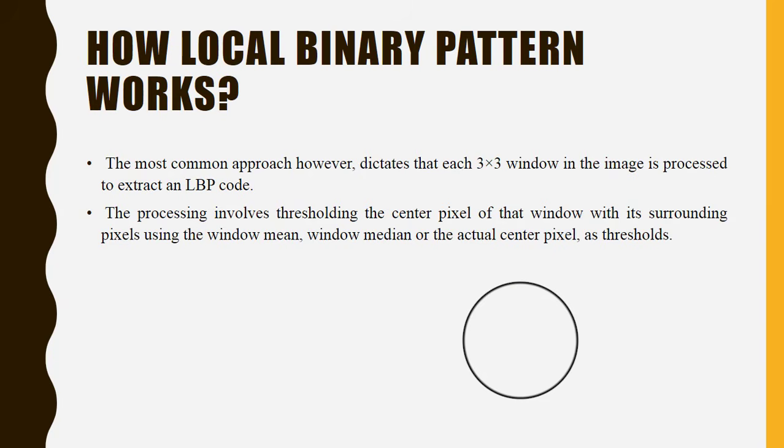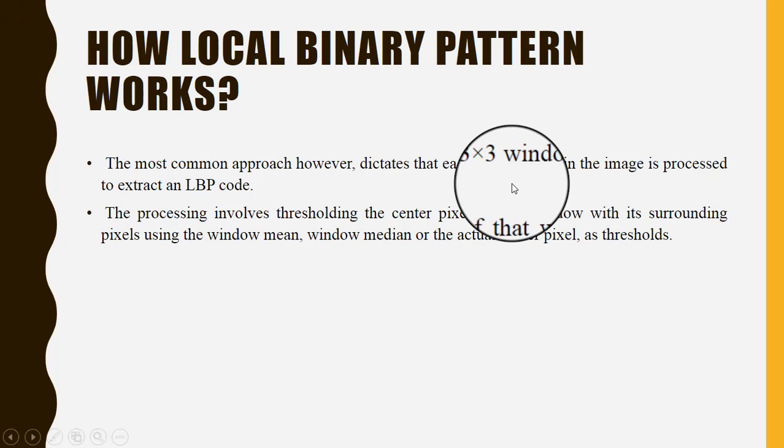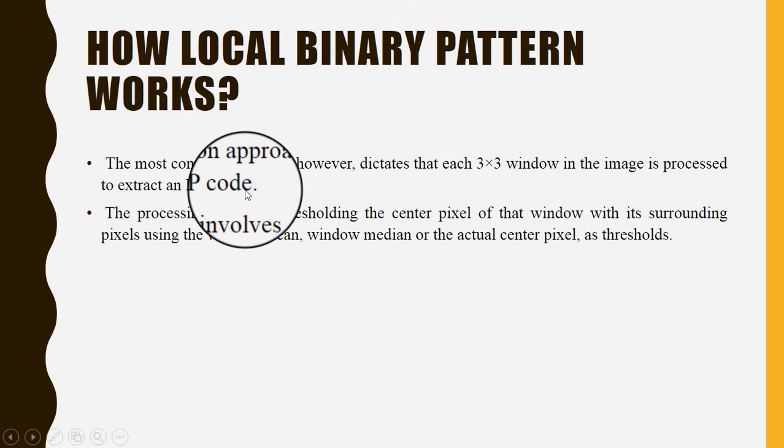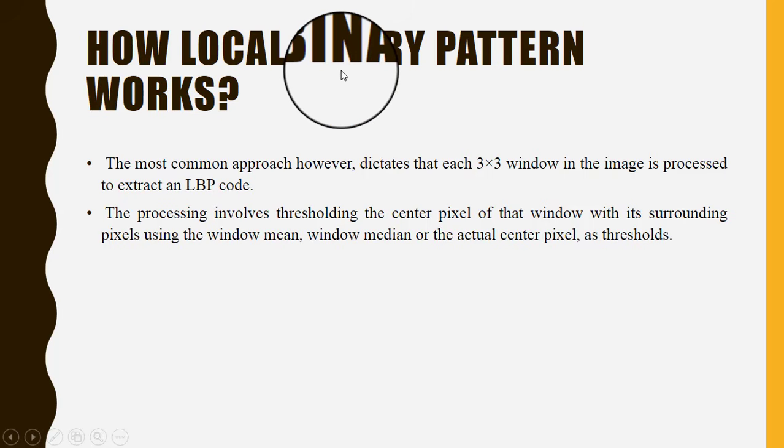So how does it work? It uses a 3x3 window from the image and we extract an LBP code. LBP works on three parameters: the center pixel value, the radius, and the neighbors in XY grids.